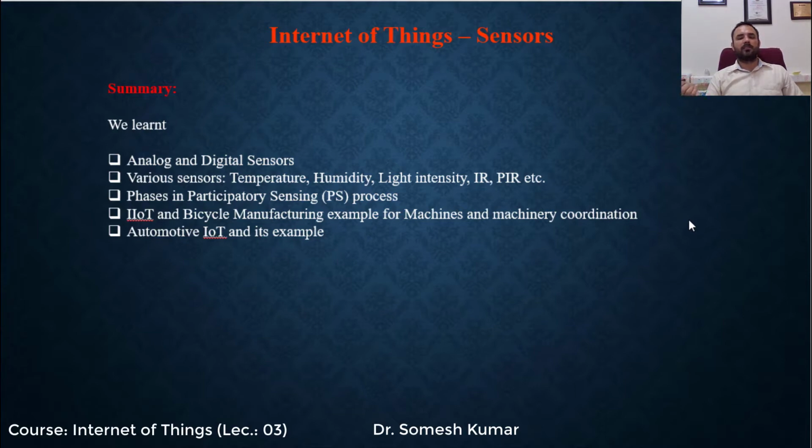I have shown all these sensors to you. Next, we discussed the various phases in the participatory sensing process. We discussed industrial IoT with some examples like a bicycle manufacturing unit. Also, we discussed the advantages and applications of automotive IoT.